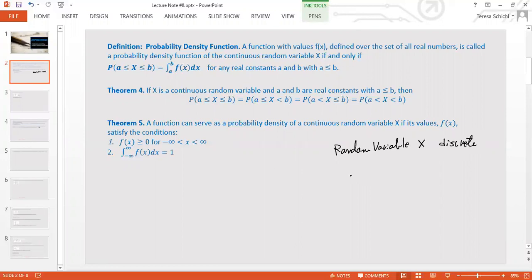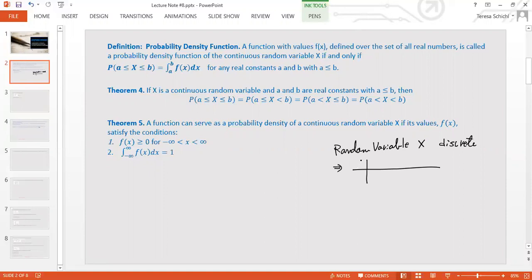You can say x equals 1, 1.5, or 2, 2.5, so there's nothing in between. Like the example we did, you toss 3 coins and count the number of heads.